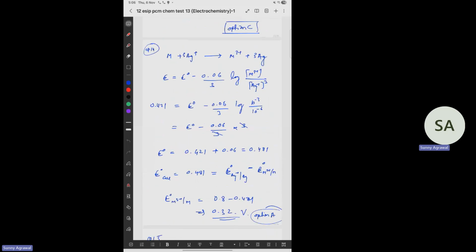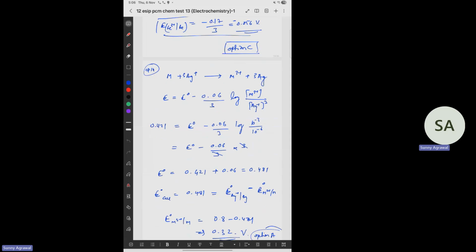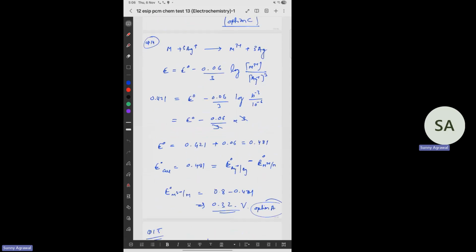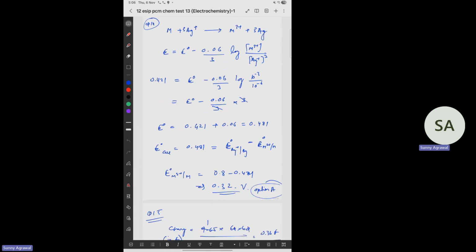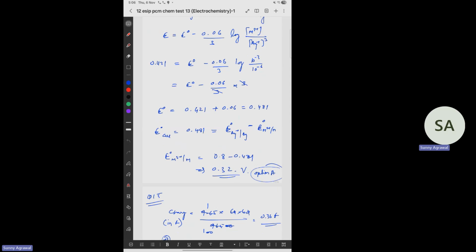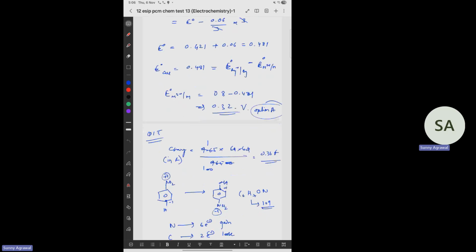Here we have to calculate the reduction potential for metal M. We will subtract the reduction potential of silver from E naught cell, and we will obtain the oxidation potential of the metal. By changing the sign, we get the reduction potential of metal M. The answer will be 0.32 volt, Option A.